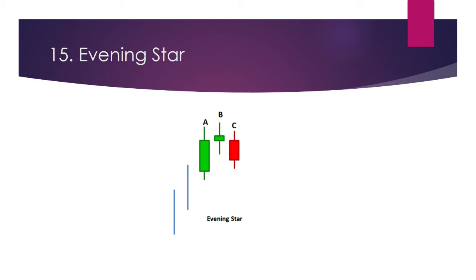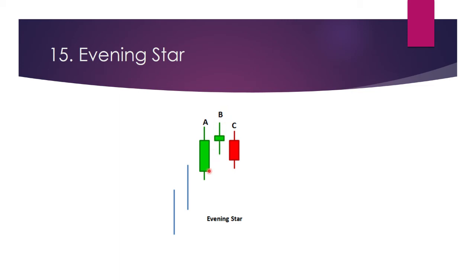So just like the opposite, these candles got to be the same, except candle B can either be a red or a green, a spinning top, as I heard somebody say in the room. It can be red or green.